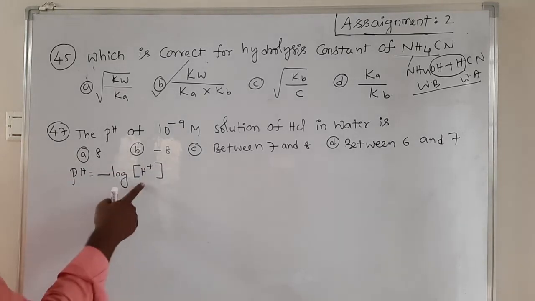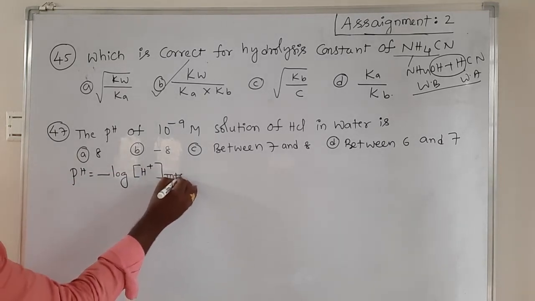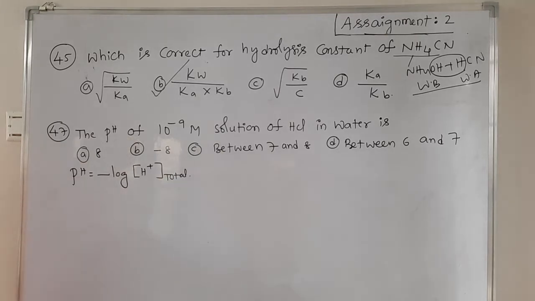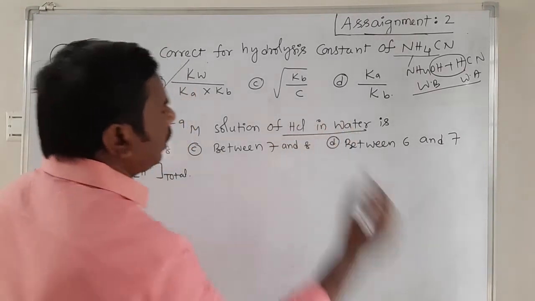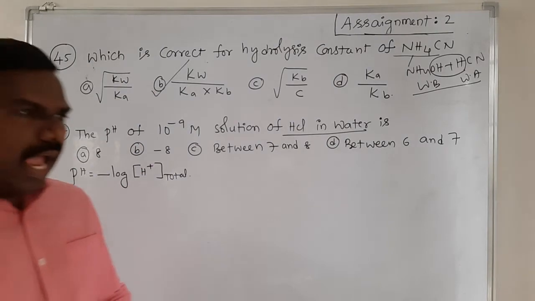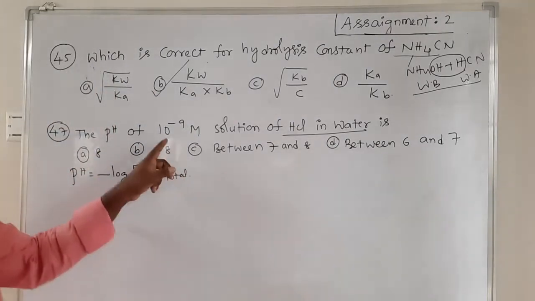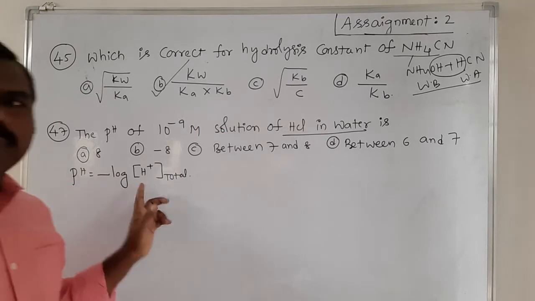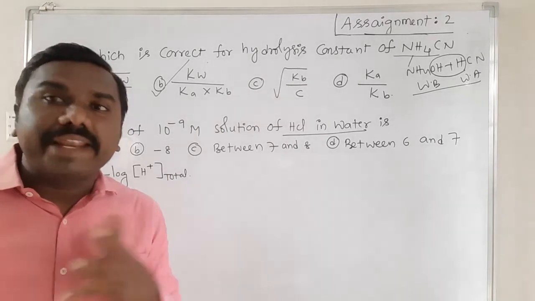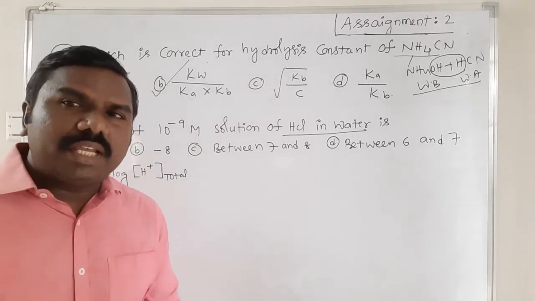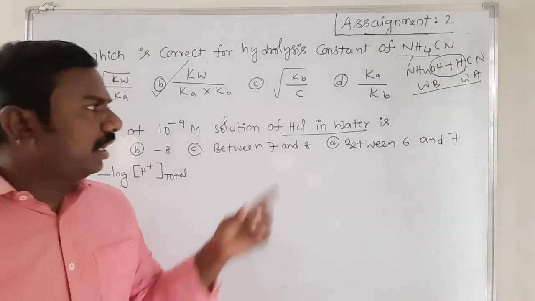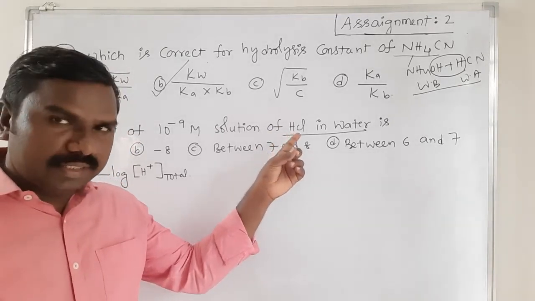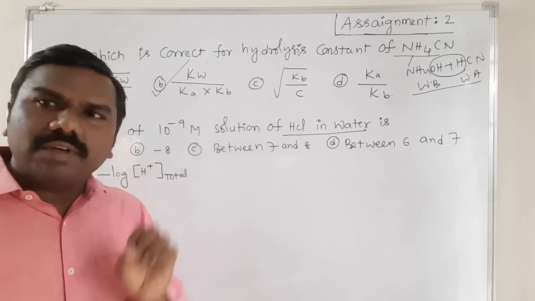So now this H plus is total H plus, remember. This is in water, they mentioned clearly. If you take 10 to the power of minus 9 given for HCl, minus log 10 to the power of minus 9, then you will get pH 9. pH 9 means base, but the given solution is acid. If you do like that, the answer will be wrong.